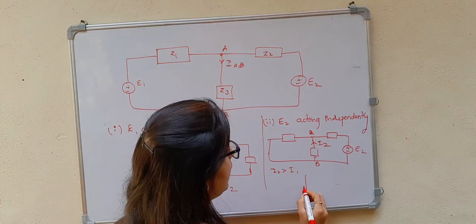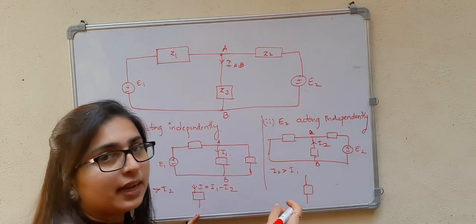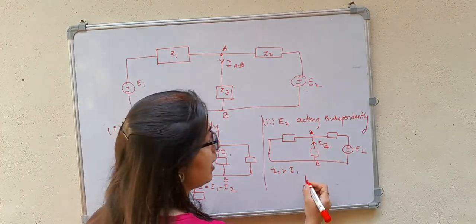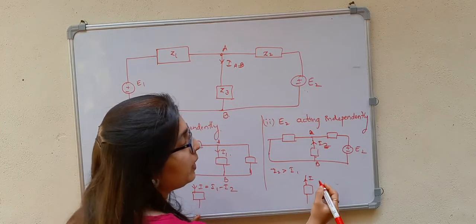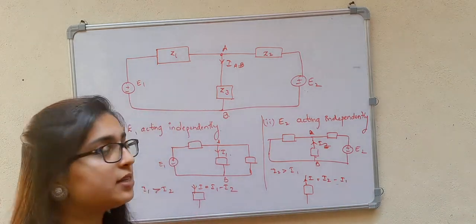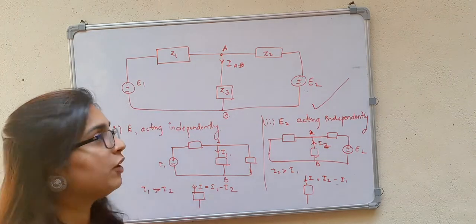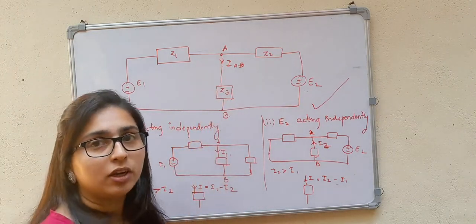What will be your resultant current? The direction will be the same as this larger current. What will be the magnitude? Larger minus smaller value, I2 minus I1. So this will be the superposition theorem when we have to find the current through a particular element.